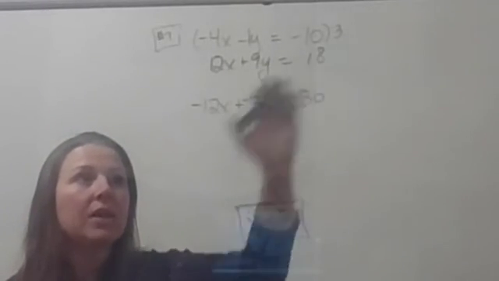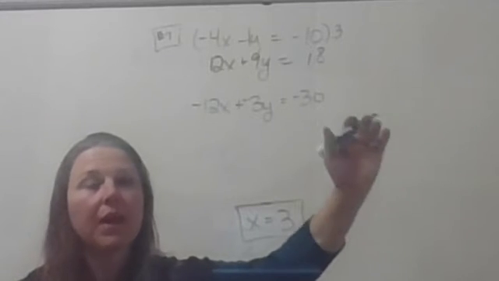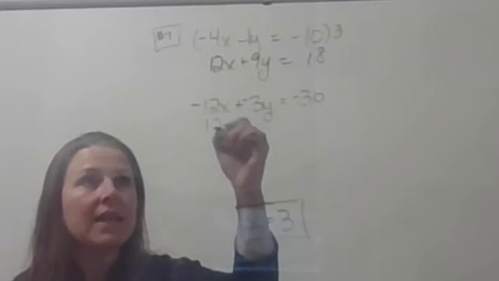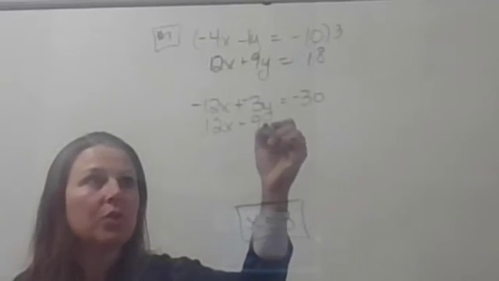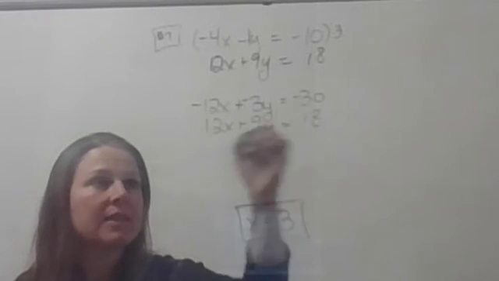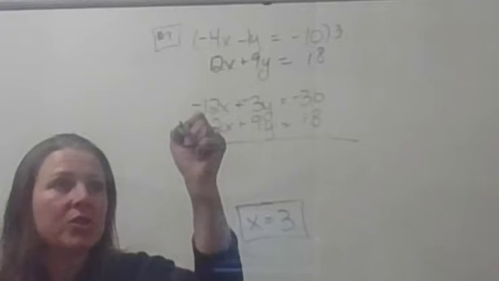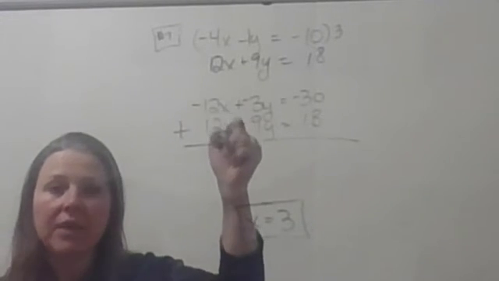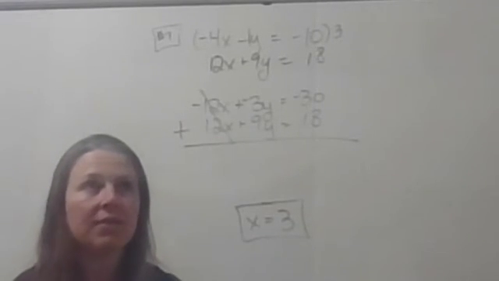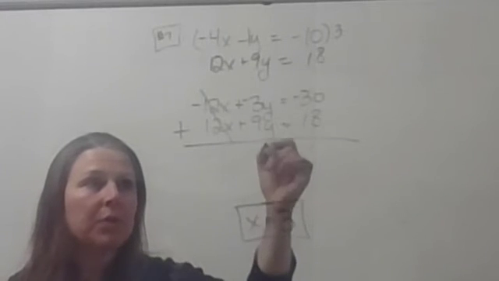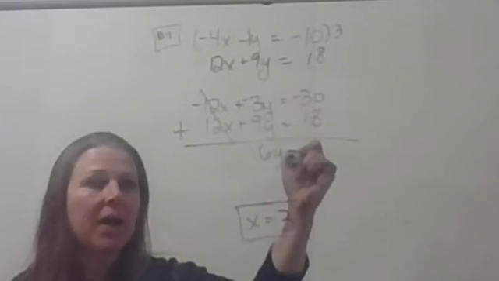So the top equation is now multiplied through by 3. The bottom equation stays as is. I'm just going to rewrite it exactly as it looks. And then in order to eliminate, we're going to add, because a negative 12 and a positive 12 cancels to give you 0. So negative 3y and 9y is 6y.